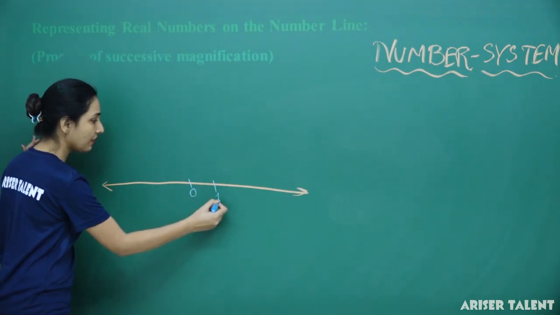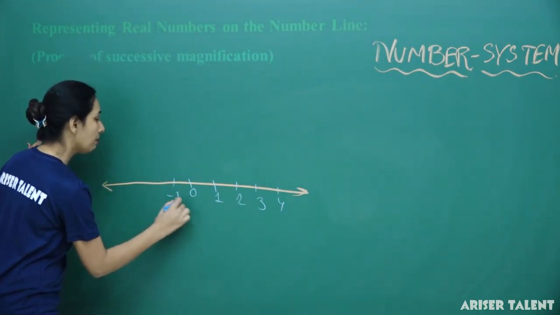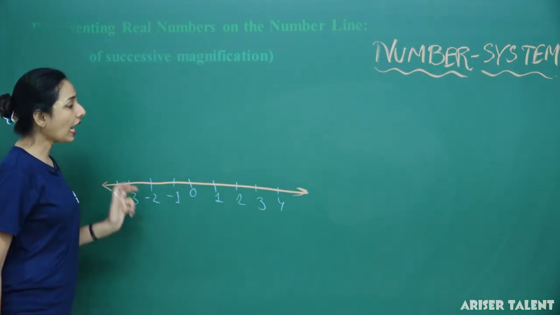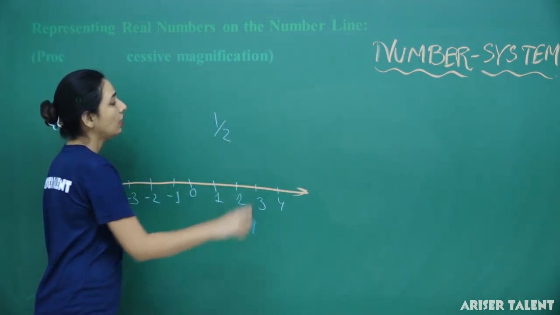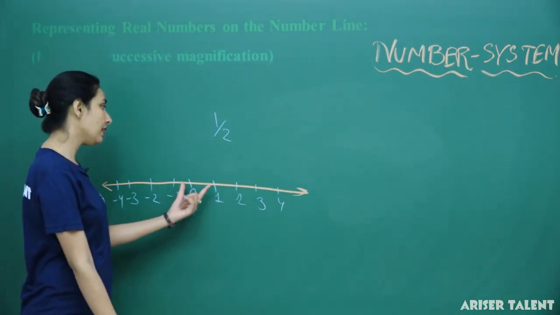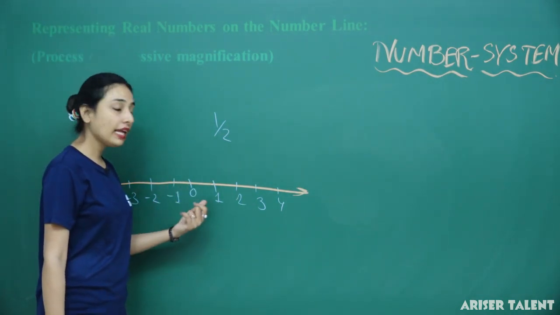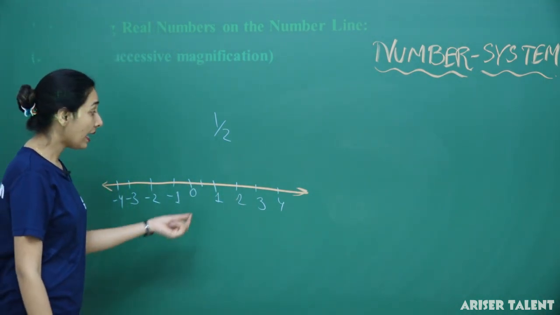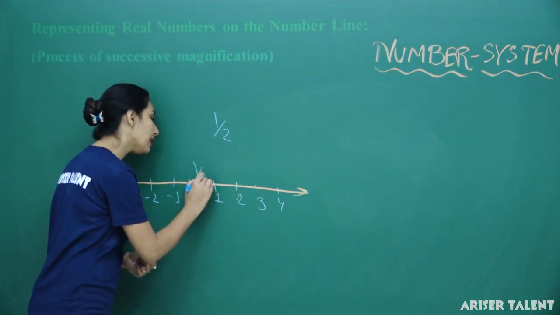So here I will have 1, 2, 3, 4, minus 1, minus 2, minus 3, minus 4, and so on. Now find where the value 1 by 2 is. You will tell me, madam, this is very simple: we have 0 here, 1 here, and the exact midpoint of it will be considered as 1 by 2.